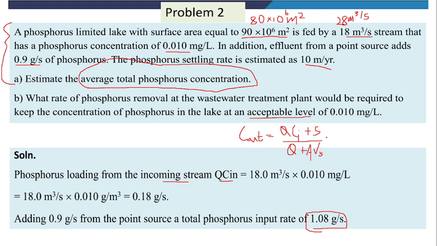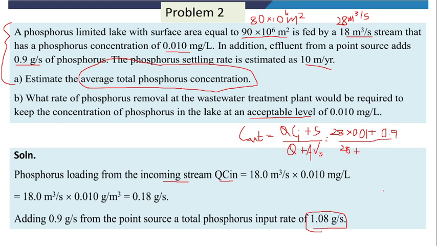Now the new Q is 28, right? So 28 into the inlet concentration, which is the same, 0.01, plus the point source addition, which is also the same, 0.9, divided by, again the flow rate 28, plus the area.